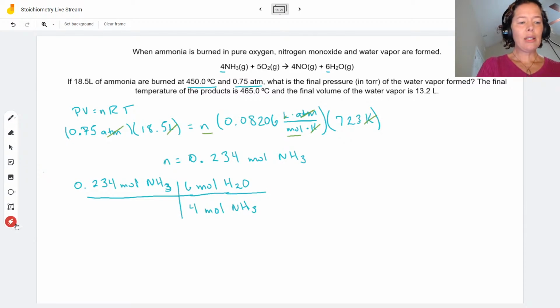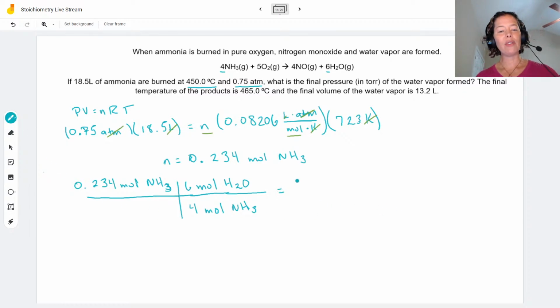And because for my water, they give me information, they want pressure, they give me temperature, and they give me volume, I am not going to convert to grams because, again, I'm pretty sure we're going to need to use the ideal gas law, and we're going to want to know our amount of water in moles. So I am just going to do this calculation, and I am not going to convert to grams.